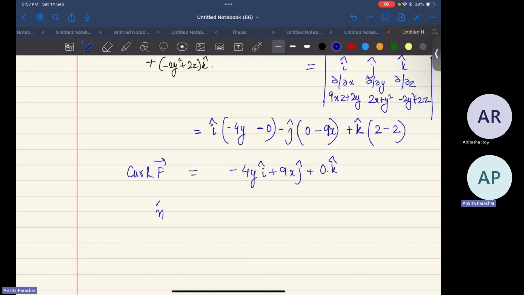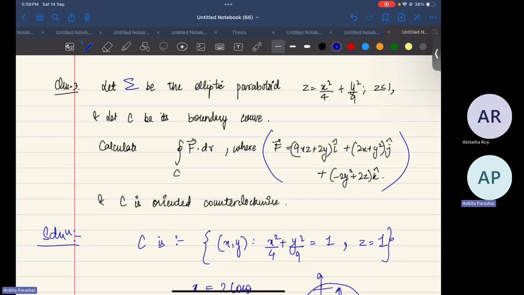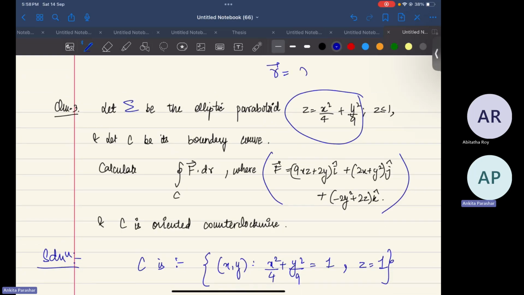Now what is n? If we remember, it was Rx cross Ry, because I don't need to parameterize the surface. You remember you have to take care of z. So your R, any position vector, is nothing but R of x comma y comma x square by 4 plus y square by 9.